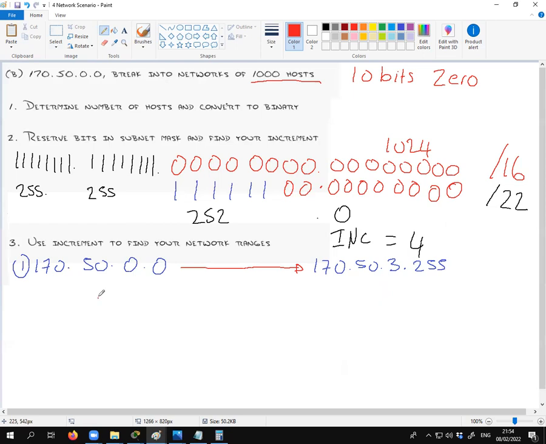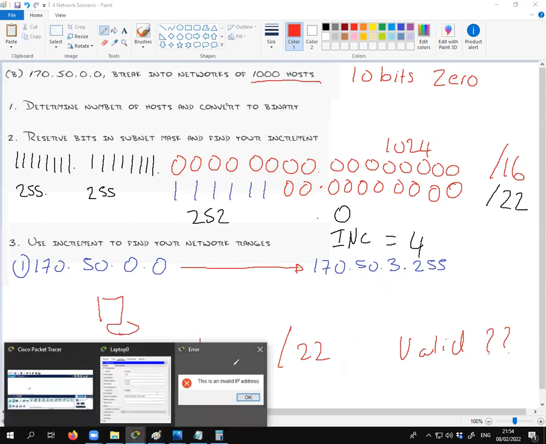This address, 170.50.1.0/22. Is that valid? No. 170.50.1.0. Not valid. Let's have a look.